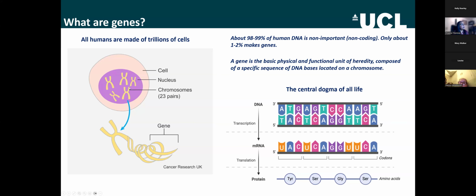Now, about 98 to 99% of the DNA in humans is what is known as non-important. It's the non-coding part of the DNA. It does not really consist of any information, or it does not really lead to information which dictates any cellular functions. Only about 1 to 2% of it makes genes, and this is the functional unit. It's evolutionarily conserved.